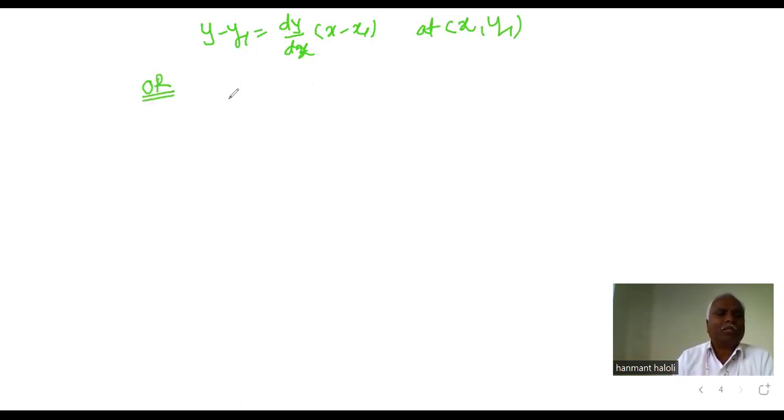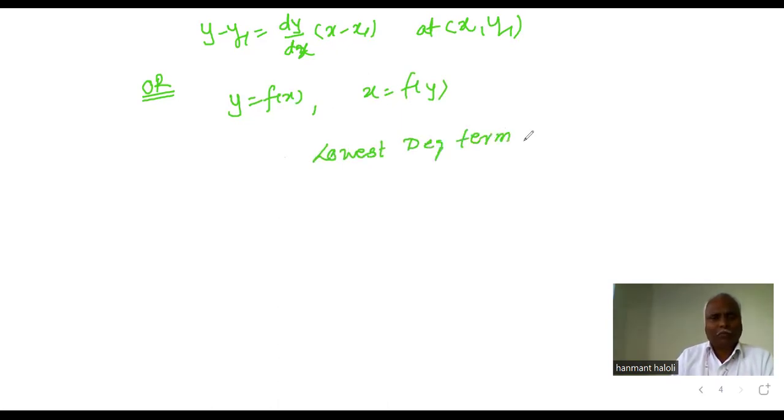Now the second shortcut method to identify the equation of a tangent. Convert the given equation either to y equals f of x or x equals a function of y, depending on how the equation is given.